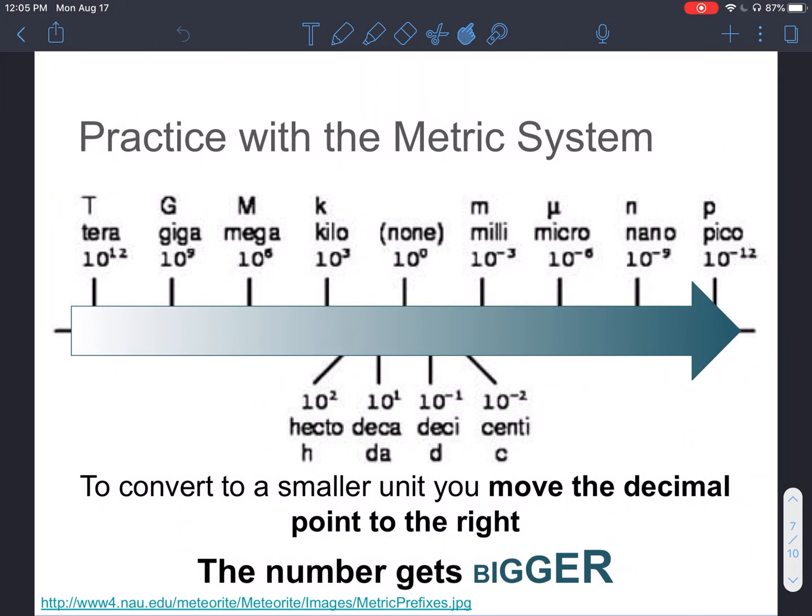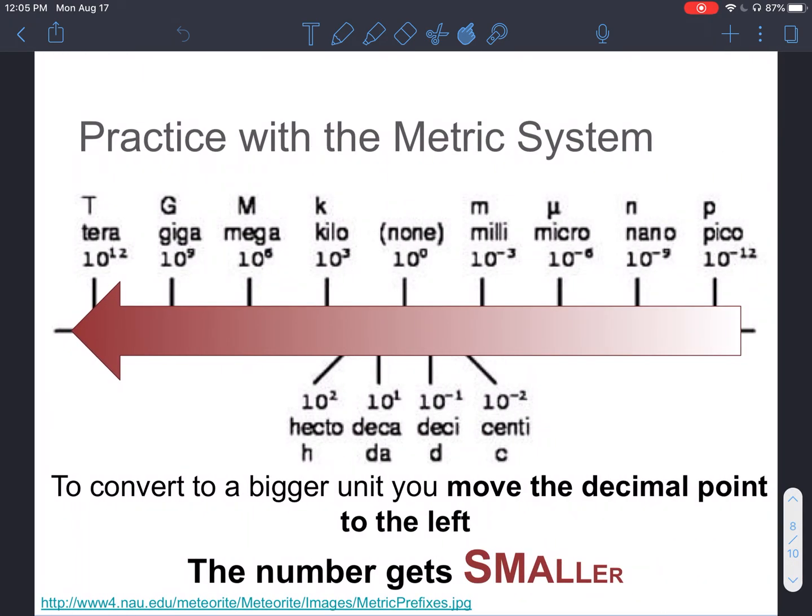All right, so when you are converting, to convert a smaller unit, you move the decimal point to the right, and the number ends up getting bigger. If you're going the other direction, to convert a bigger unit, you move the decimal point to the left, and the number will get smaller.